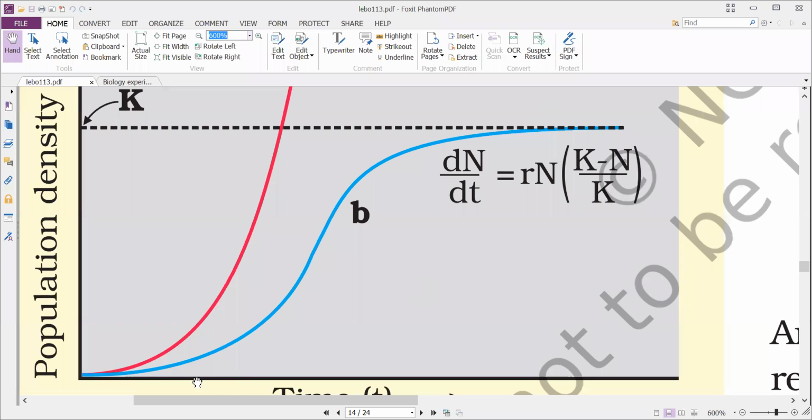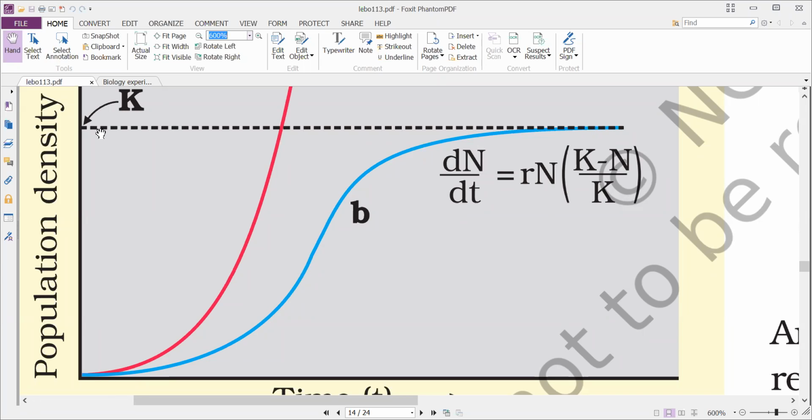Here we can see initially the lag phase, in the middle the rapid increase, acceleration, then a little decrease, that is deceleration, and finally stability in the population. The stability is because it reached the carrying capacity, the maximum population that the ecosystem can hold.